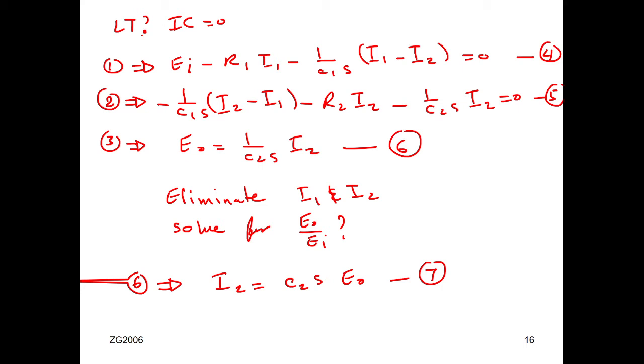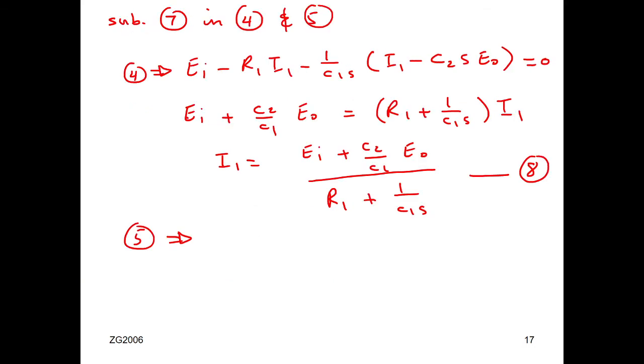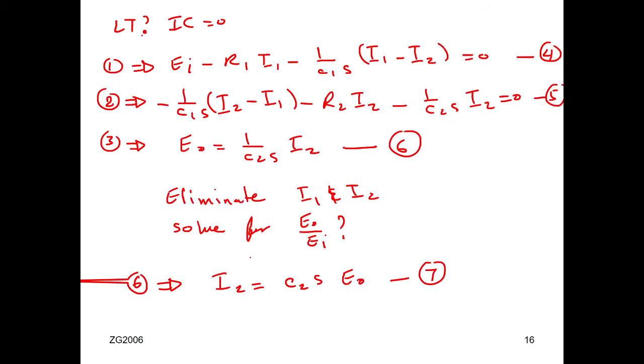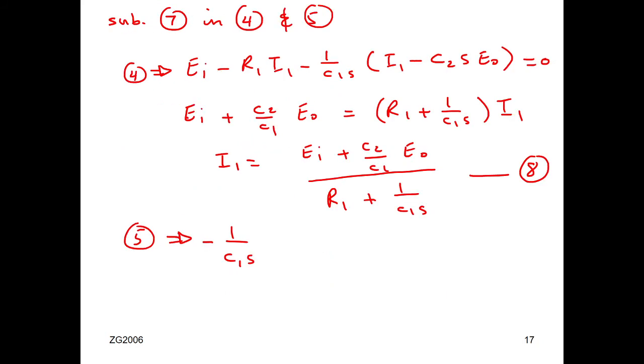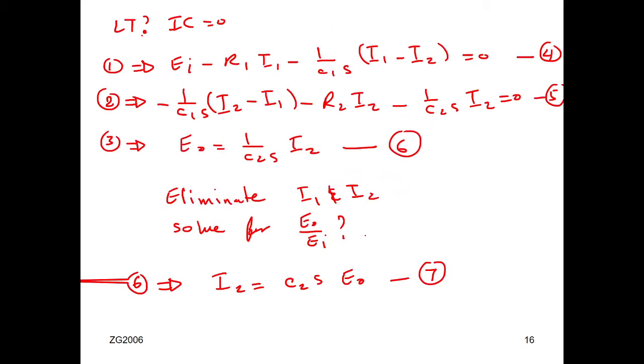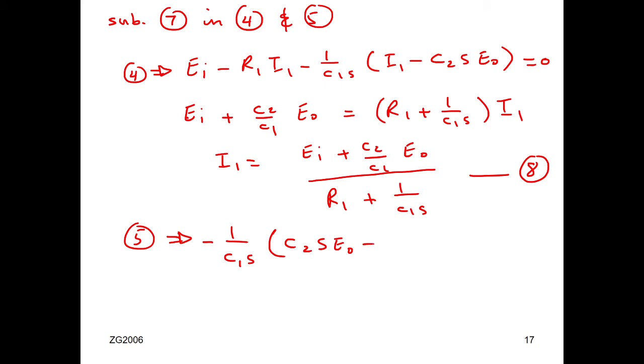So it's going to be minus 1 over C1 S times I2 minus I1, where I2 is C2 S E out.